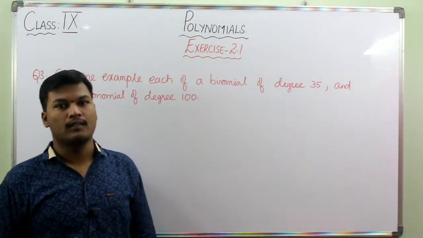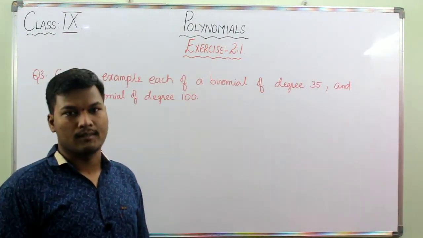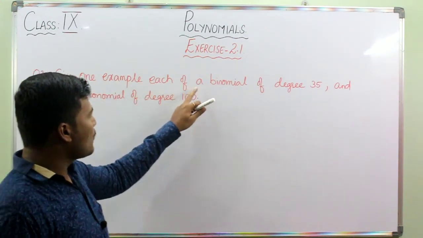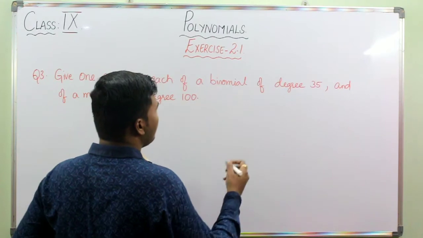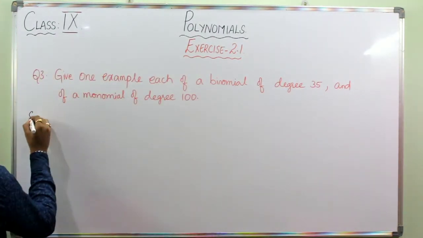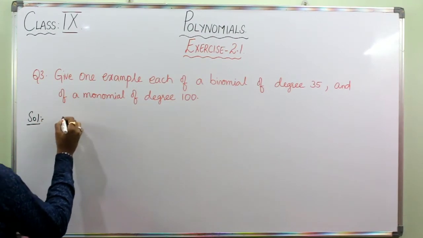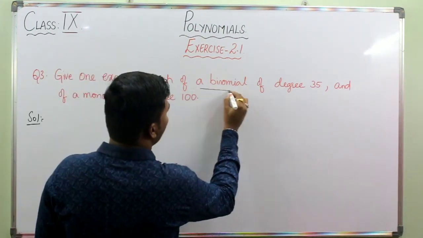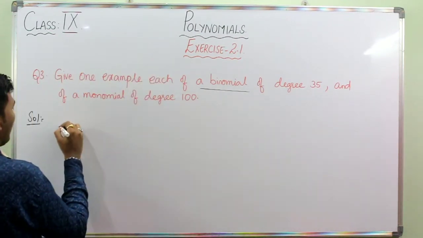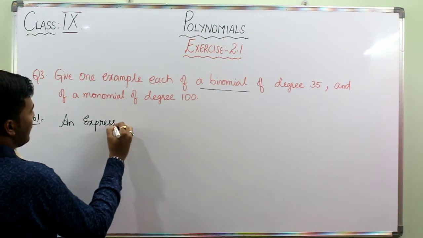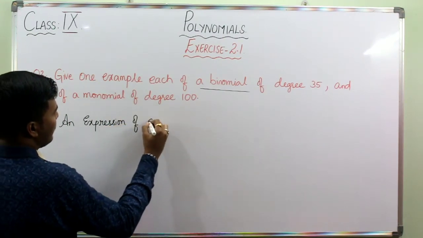Now let us see the third problem of this exercise: give one example each of a binomial of degree 35 and a monomial of degree 100. Let us start the solution. We have to write one example of a binomial of degree 35.